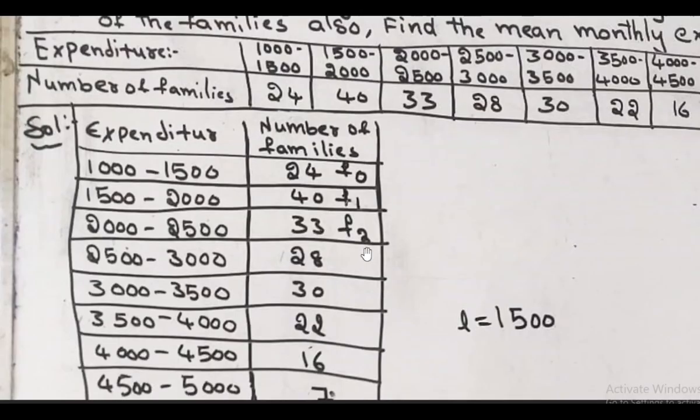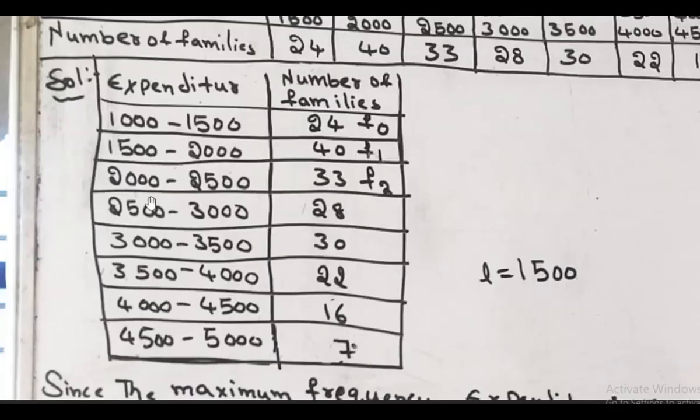The data he has given in rows, we are writing in columns. Expenditure, we are writing as the class intervals.